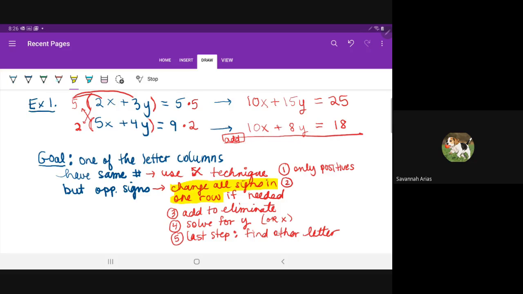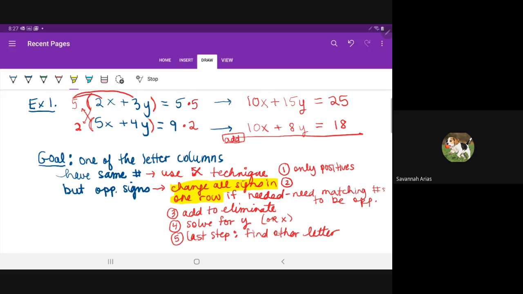What I mean by needed, and let's write this next to it: I need my matching numbers to be opposite.